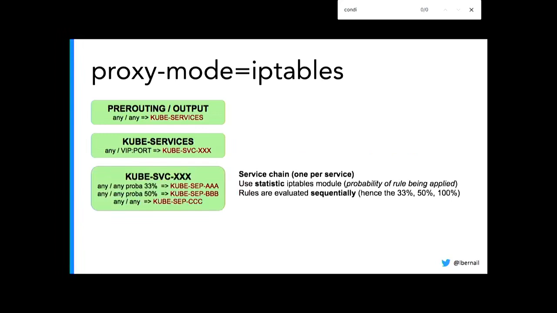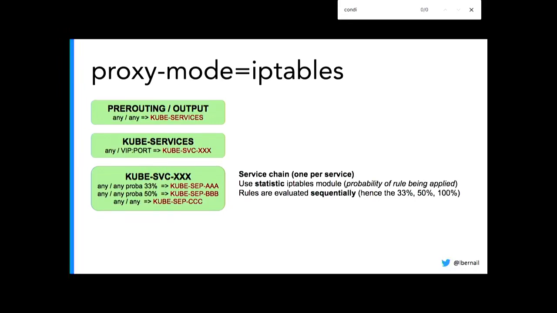In that chain, you have one rule for each backend, and this is where things start to be a bit hacky. As you can see here, kube-proxy is using the statistic iptables module to randomly send traffic to the backends. The way it does it is, there's a probability for the rule to apply, and if the rule applies, you route it to a pod.